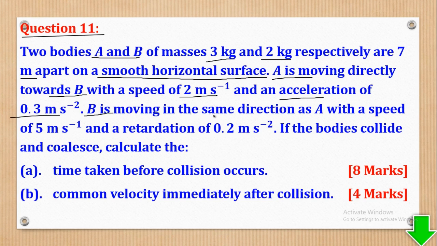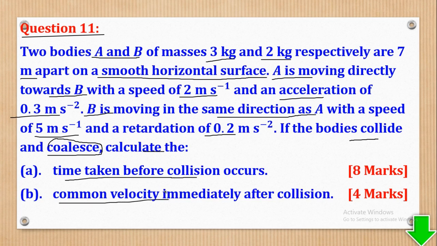B is moving in the same direction as A with a speed of 5 meters per second and a retardation of 0.2 meters per second squared. If the bodies collide and coalesce, coalesce means they stick together, calculate part A, the time taken before collision occurs, and part B, the common velocity immediately after collision.